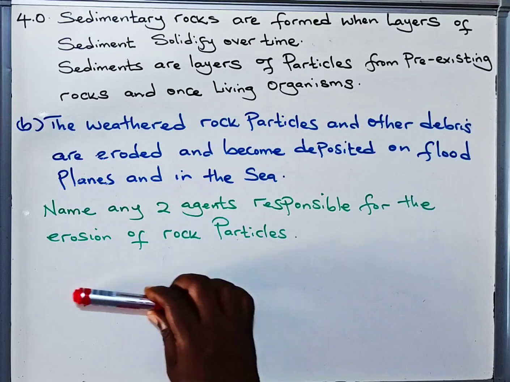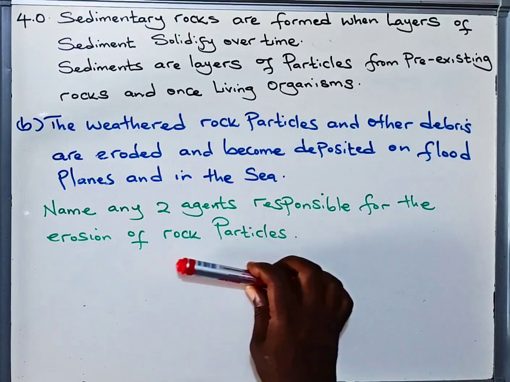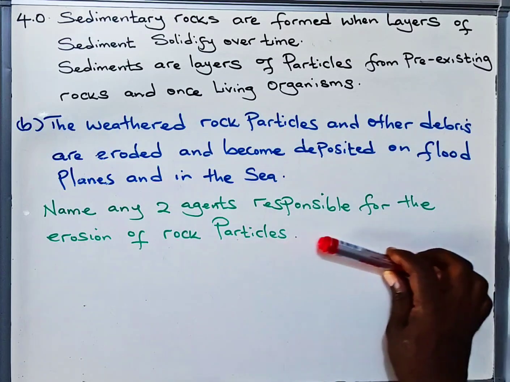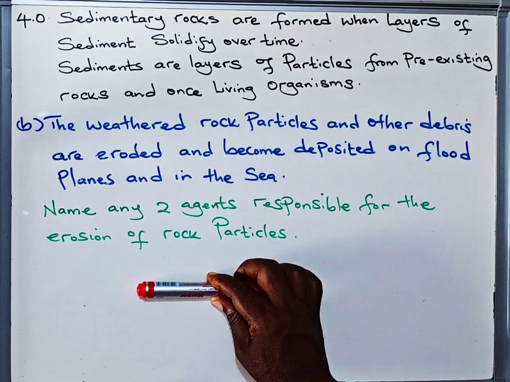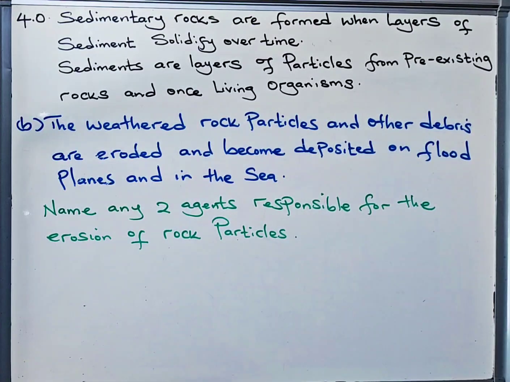Then the question says, name any 2 agents responsible for erosion of rock particles. We know erosion is the breakdown and the transportation of the rock particles to the deposition point. So what agents do that?